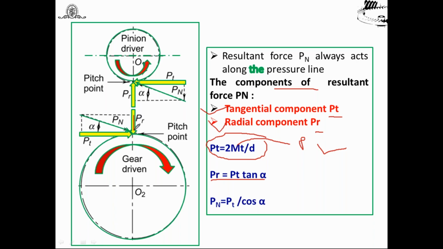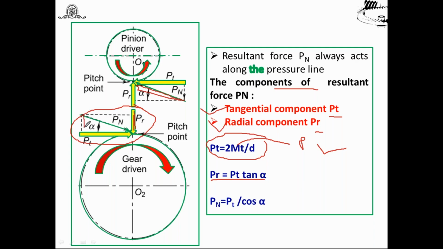Suppose this is the radial component. You can consider any one of these planes. This is PN, this is PT, this is PR, and the angle is alpha, that is the pressure angle.